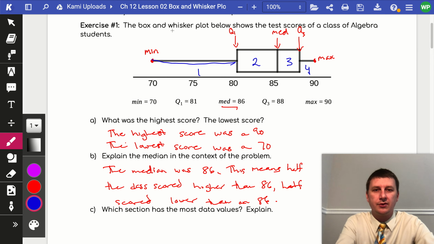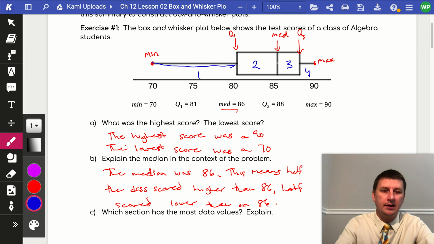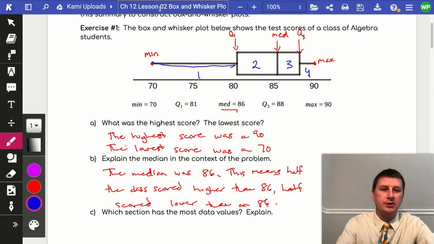So by looking at this graph, you might have said that section 1 has the most data values. But this is actually a trick question, because if the median cuts the data in half, that means there's an equal number of values in the bottom half and the top half. Okay, but just like that, if the first quartile cuts the bottom half in half, that means there's equal numbers here and here.